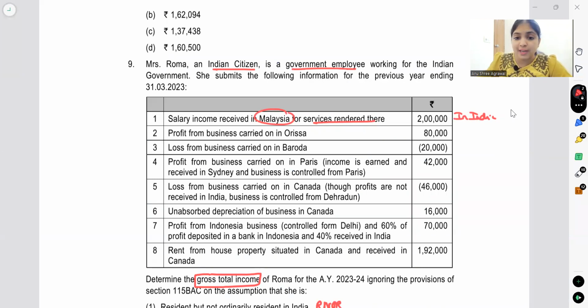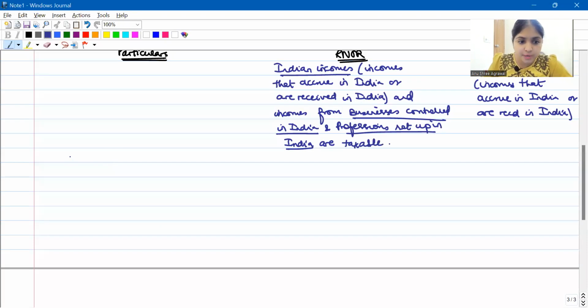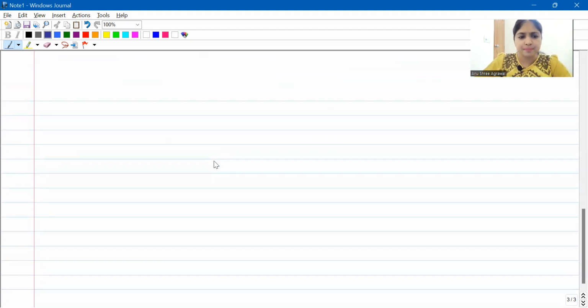So therefore, write down under particulars, point number one, salary income. In brackets, give reference to working note number one. Okay. Leave around 10 lines gap. And then start a new working note number one. Give the heading salary income.